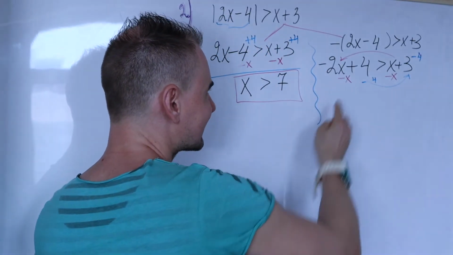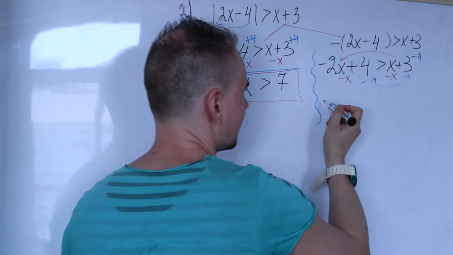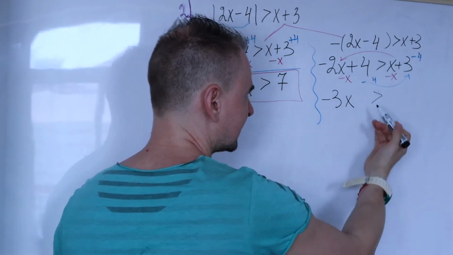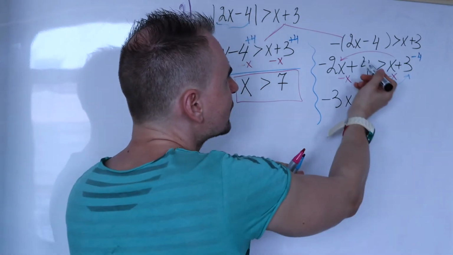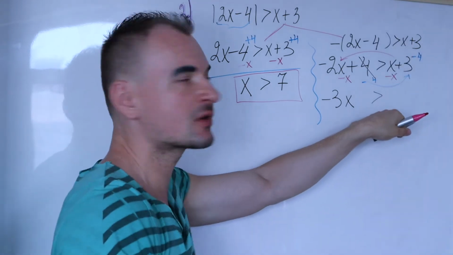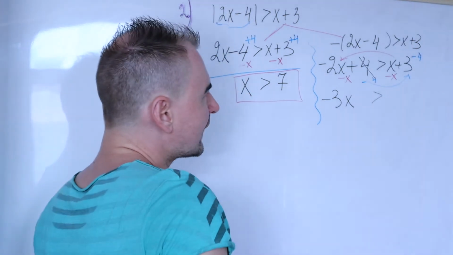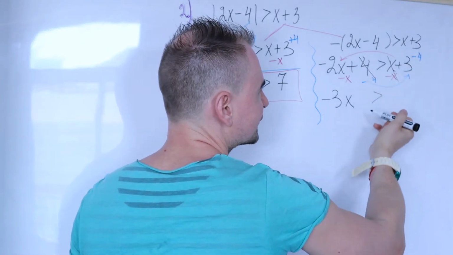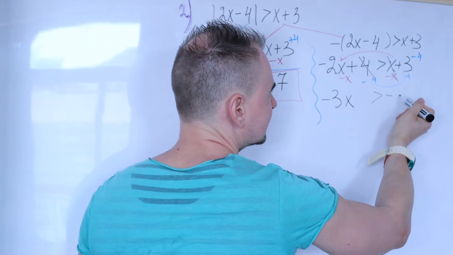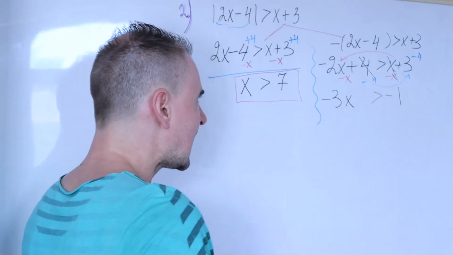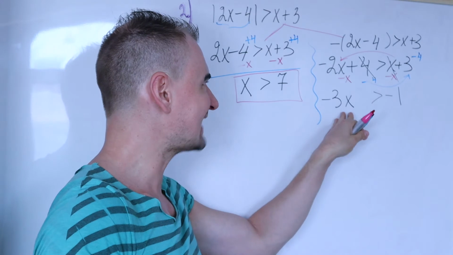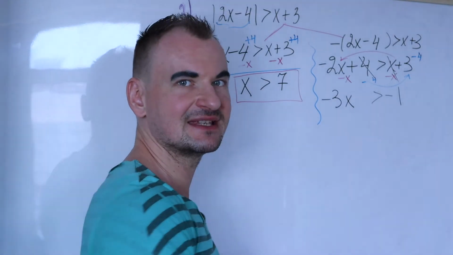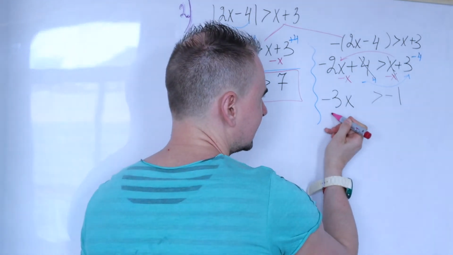So negative 2x minus x becomes negative 3x. You keep the sign, carry it down. So this 4 goes away, drops out. And on the right side, this x goes away. 3 minus 4 gives you negative 1. And finally, the last step. We want to divide both sides of your inequality by this negative 3, the number attached to x.